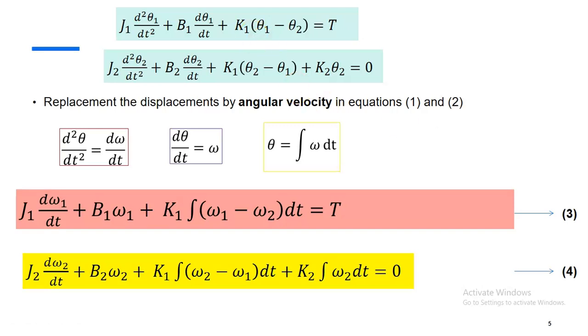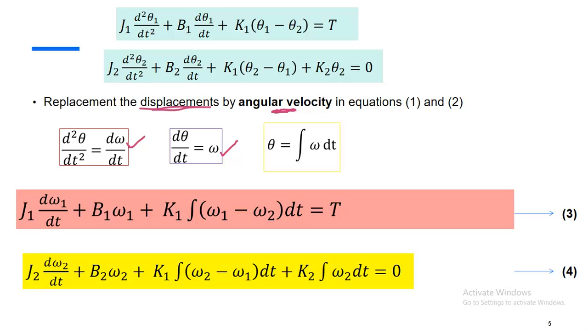Now we are going to replace the angular displacement in terms of the angular velocities. Angular velocities are represented by omega. Wherever we find d square theta by dt square, it is replaced by d omega by dt. D theta by dt is omega. Theta is nothing but integral omega dt.